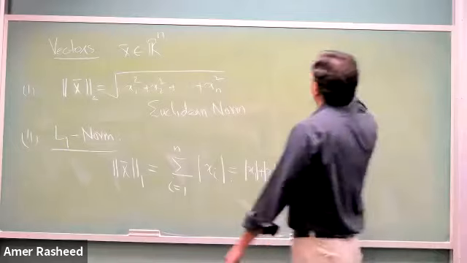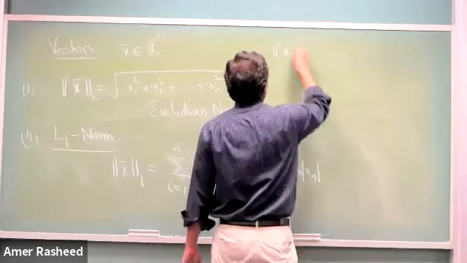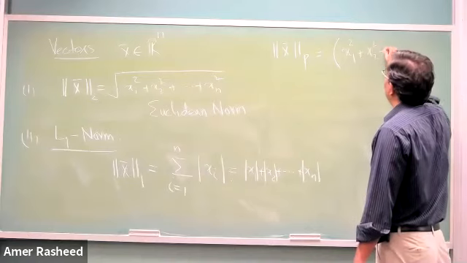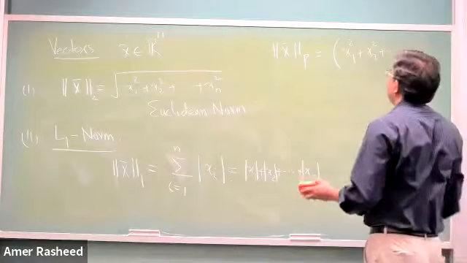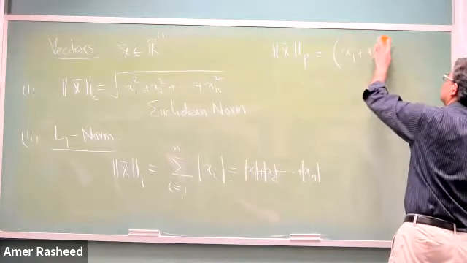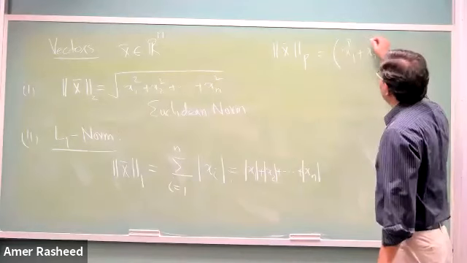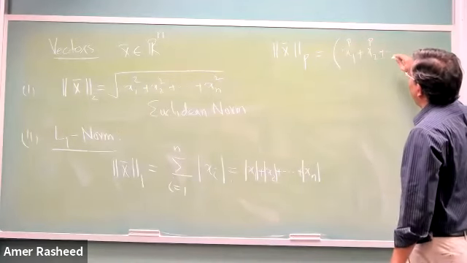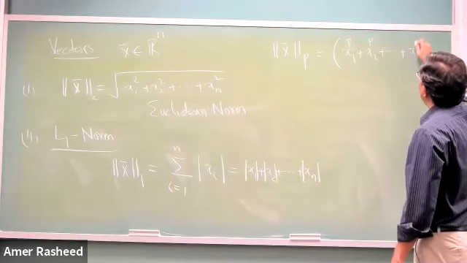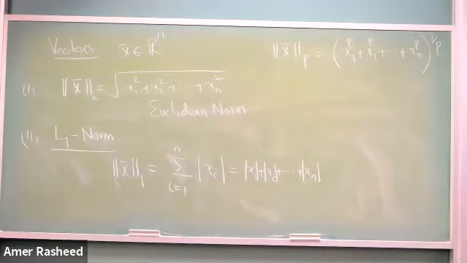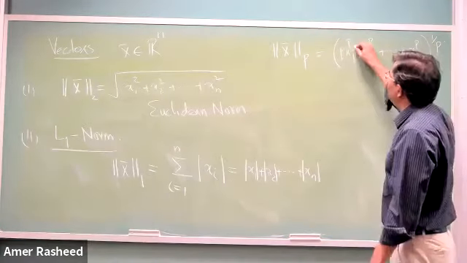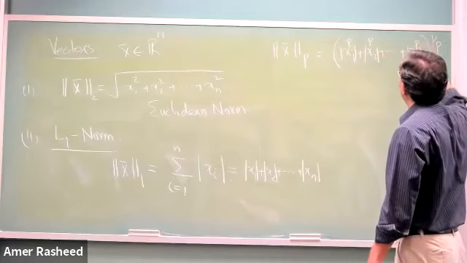Let me define another kind of norm, which is called the P norm. The P norm is x1 to the power P plus x2 to the power P, and so on, plus xn to the power P, whole raised to the power 1 over P. In short, the mod will also come.